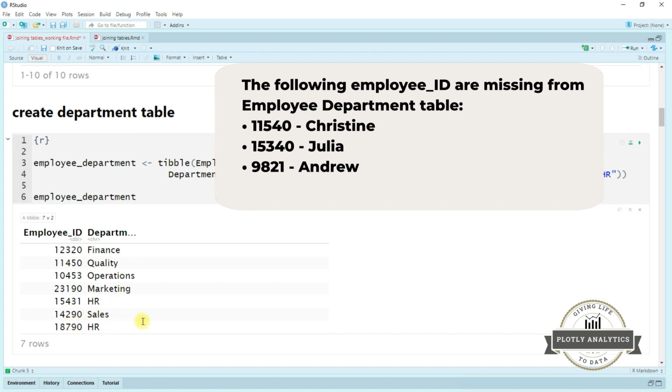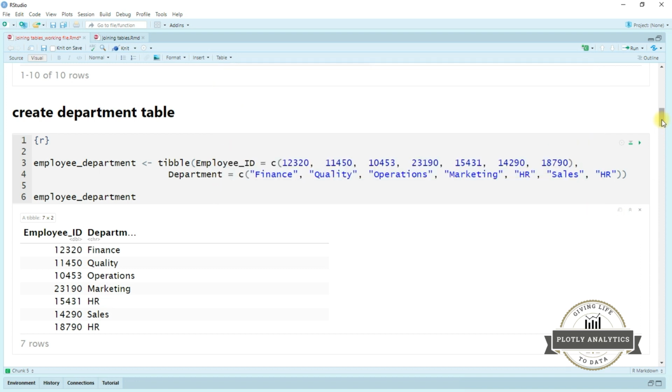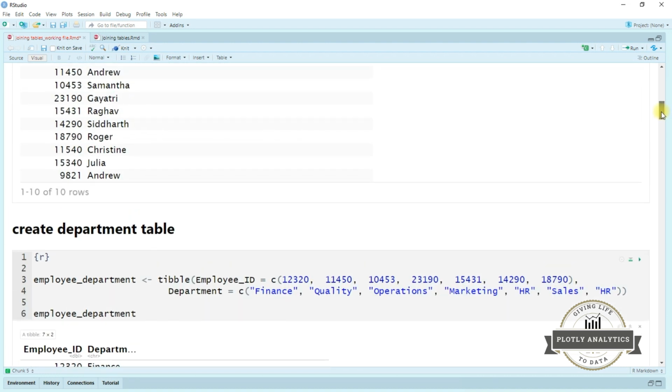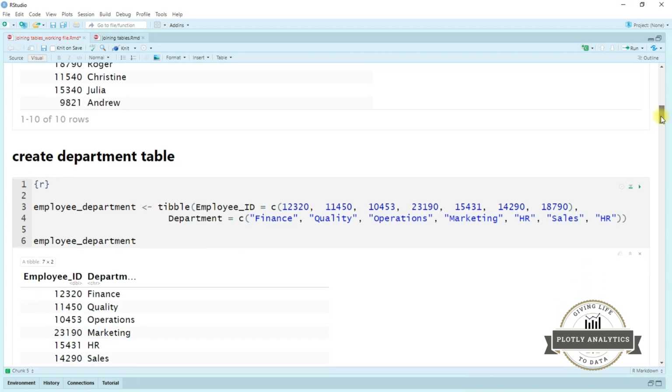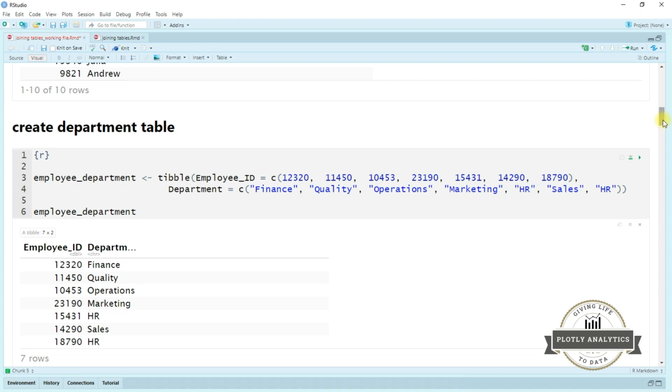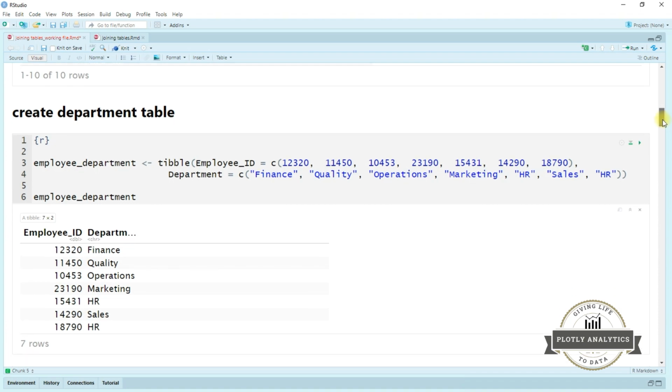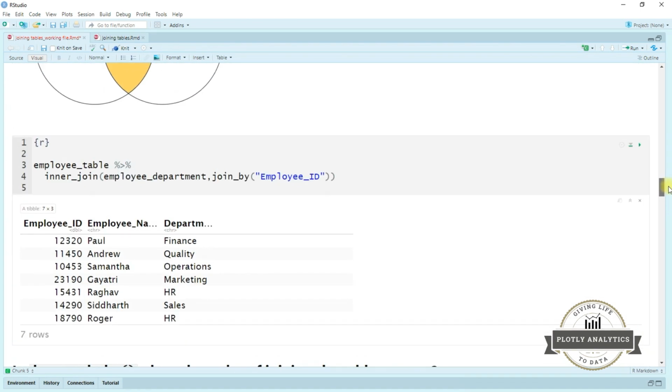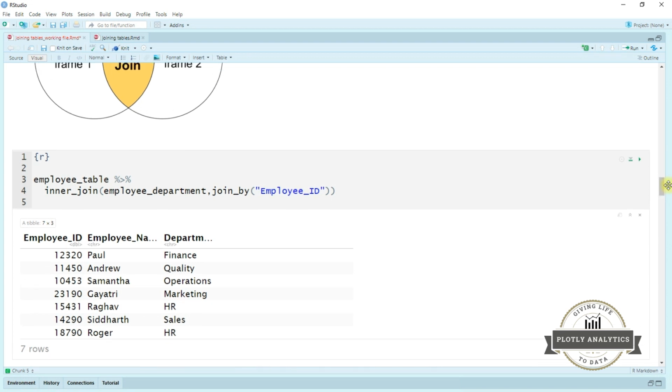They may be undergoing training, or they have recently onboarded, I don't know, for whatever reason. Those 3 employees have not been allocated to any department. And that's why, in the final outcome of inner join, these 3 observations are dropped. Right? So we have ended up with a data loss of 3 observations in the final combined table.